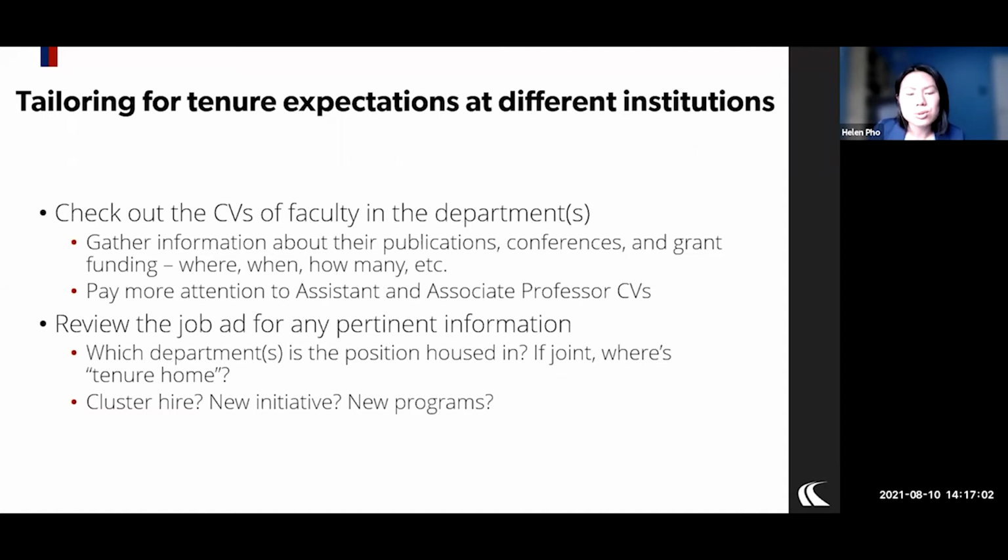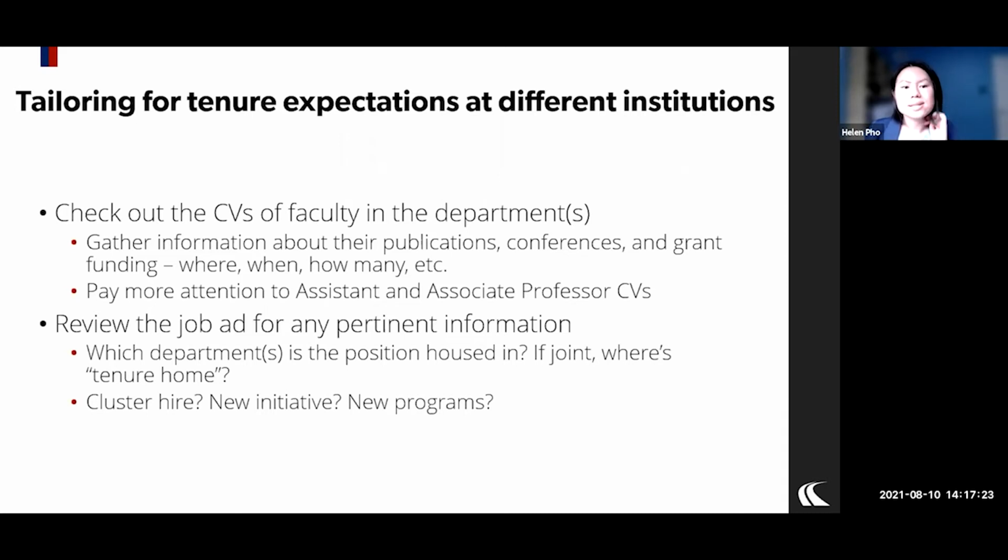So the first thing to do is to check out the CVs of faculty in the departments that you're applying to. So you can gather information about their publications, their conferences, their grant funding, and what I would pay attention to is the where, the what, the when, and the how many.